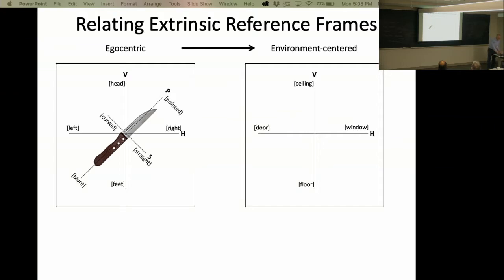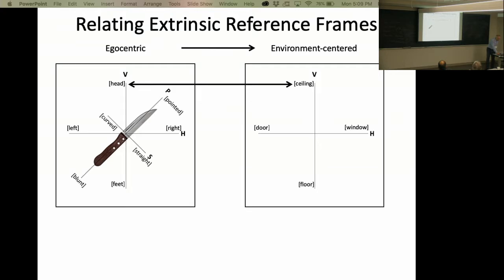Okay? And so to do that, I need to map the egocentric frame onto the environment-centered frame. I need to represent how the axes of one are related to the axes of the other. This is a relatively simple case. I'm going to assume the axes are not tilted relative to one another, but we could certainly represent that. Here it's reasonably simple. I should map the head end of the vertical axis of the egocentric frame to the ceiling end of the environment-centered frame's vertical axis.